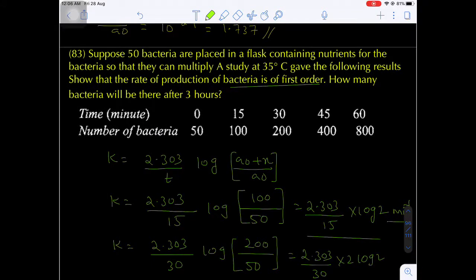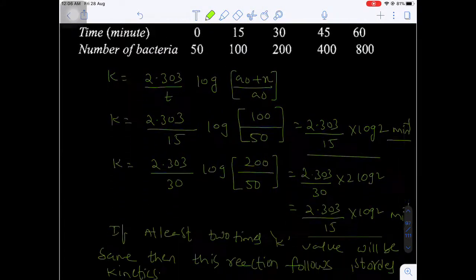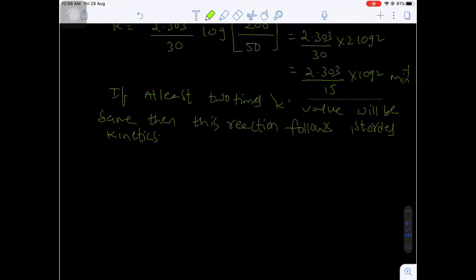And one more question is given. How many bacteria will be present after 3 hours? After 3 hours, now k is equal to 2.303 by t log of (a naught plus x) by a naught.